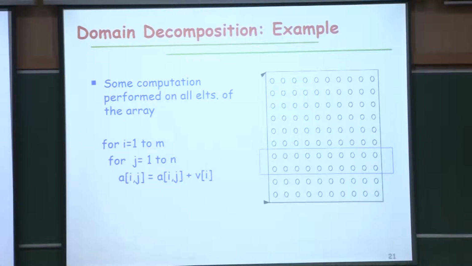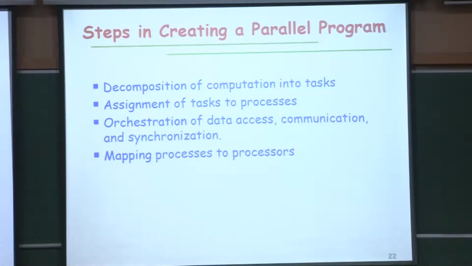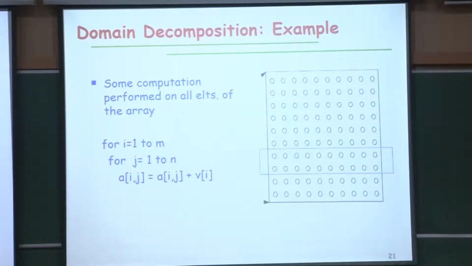So, here is the example that we want to work with. I have a doubly nested loop, and a matrix where I want to, let us say, add each element of the matrix with a vector: Aij is equal to Aij plus Vj. So, what I can do here is take this entire matrix and divide it into subdomains.